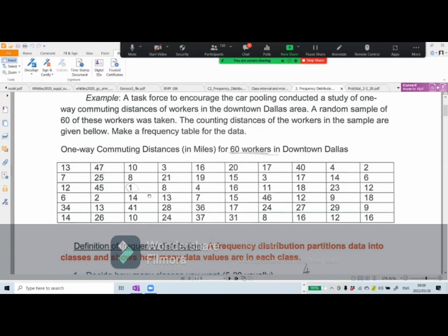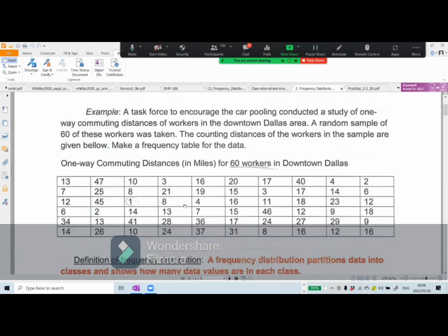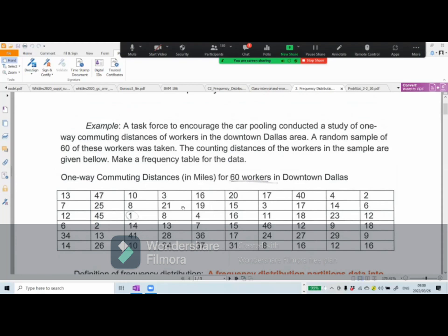First thing I want you to check: this is ungrouped data, according to what we were told last time. From the ungrouped data, we all know what to do to find a frequency table, to get the tally and how many. We know it's 60, but we have to put them in different classes.